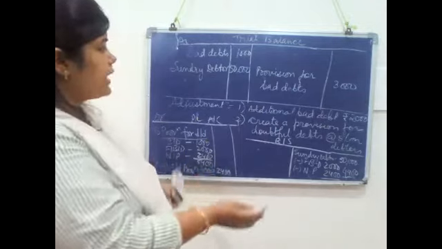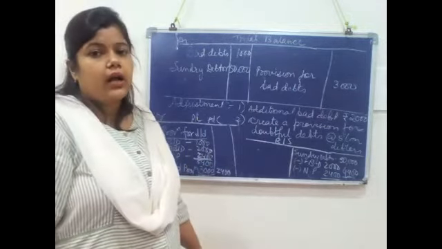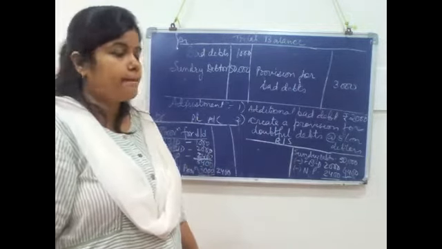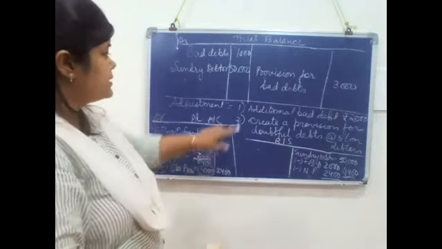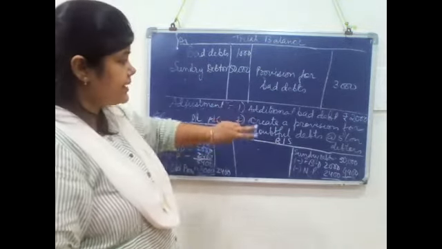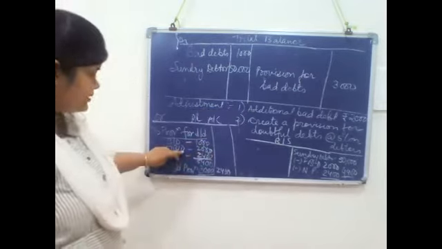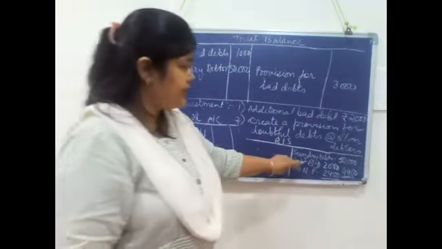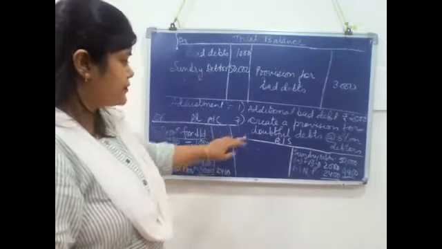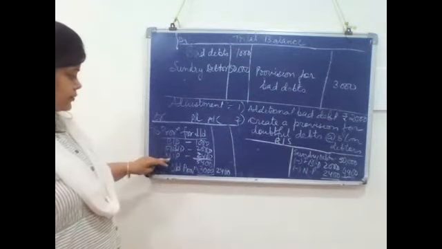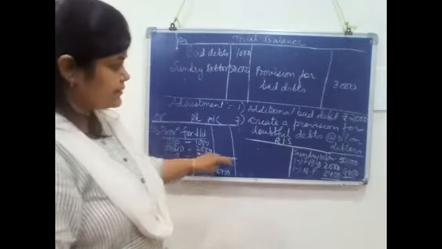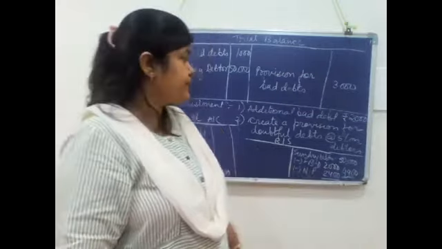And in this way, all the items will be accounted for. You can see these items of adjustments have got two impacts. Additional bad debt has come here and also in the balance sheet. And the new provision for bad debts has come here, 2400, and in the balance sheet also.